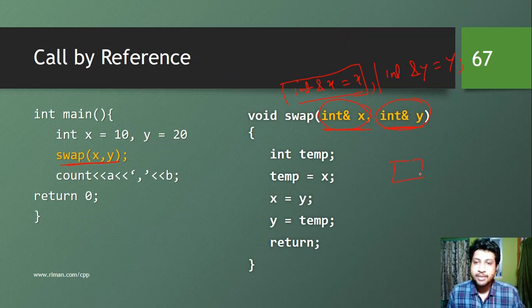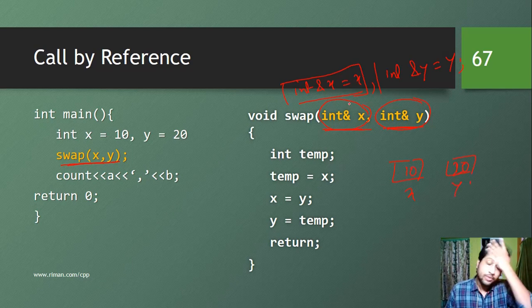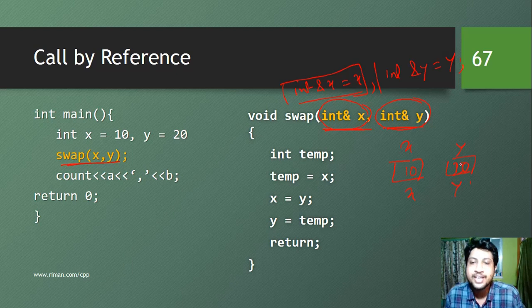So in memory we have, suppose, x = 10 and y = 20. Now, as we have created x and y as references, what will happen? The formal x and y will be treating the same elements. So now we have swapped the values of x and y. That means now x becomes 20 and y becomes 10.